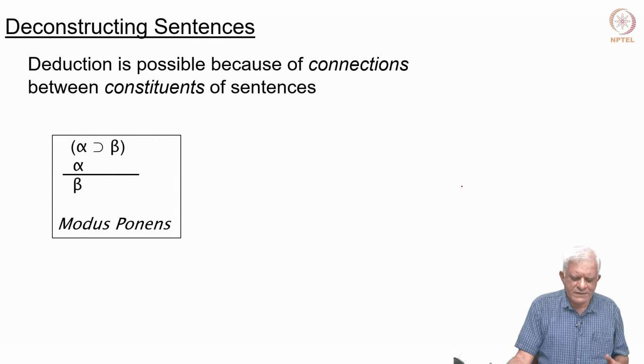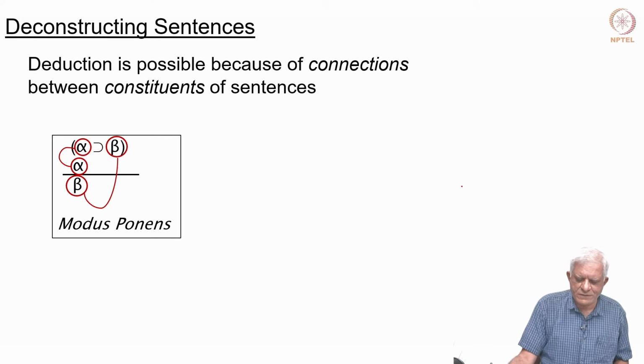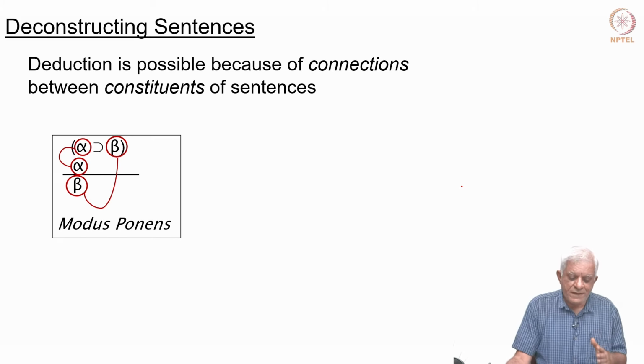We just mentioned modus ponens: we have alpha implies beta and we have alpha, and we can infer beta, and there are connections here. The alpha is the same in the two inputs, and that allows us to carry forward the beta from the first input into the conclusion. So, looking into sentences, at least compound sentences in the case of propositional logic, allows us to make these connections and do the logical deduction.